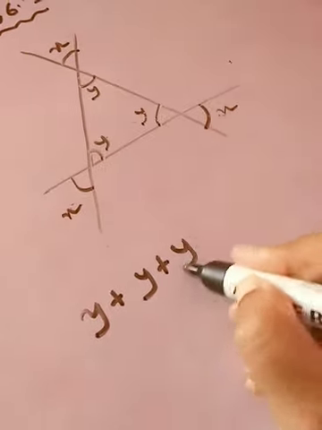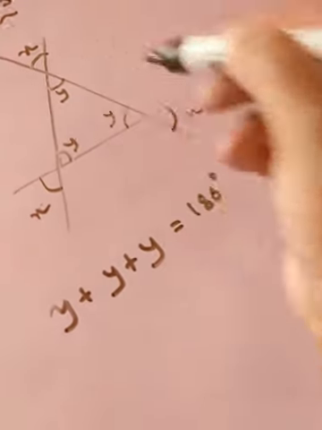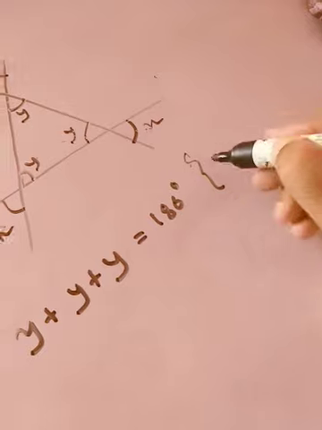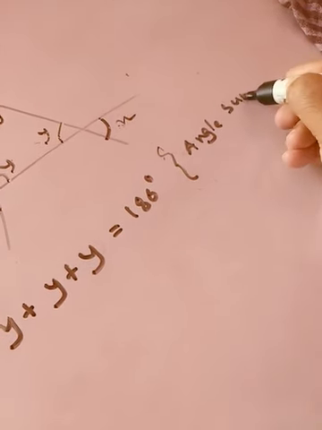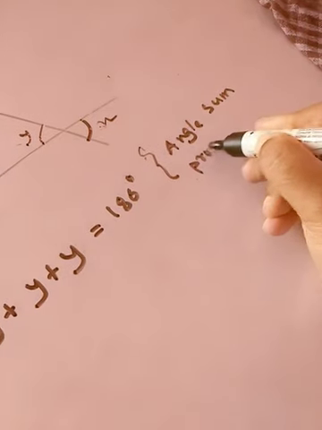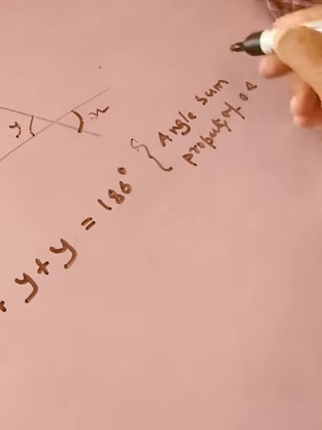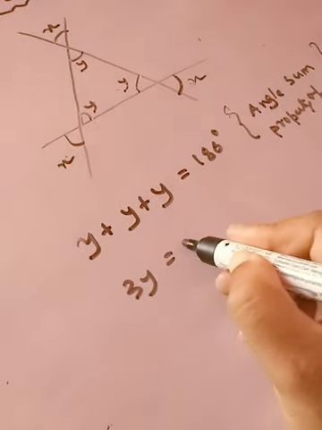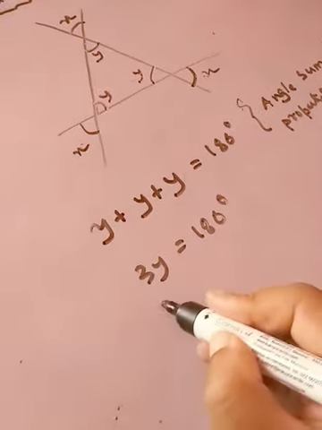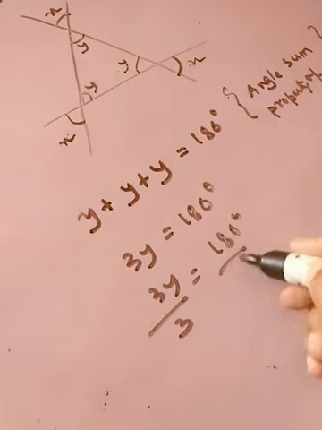Okay. That is y plus y plus y is equals to 180 degree, because all the three angles are equal to each other. It is an equilateral triangle. So we will write angle sum property of a triangle. Fine. So y plus y plus y is what? 3y. Now we have to remove this 3, so we have to divide it with 3 to both the side.